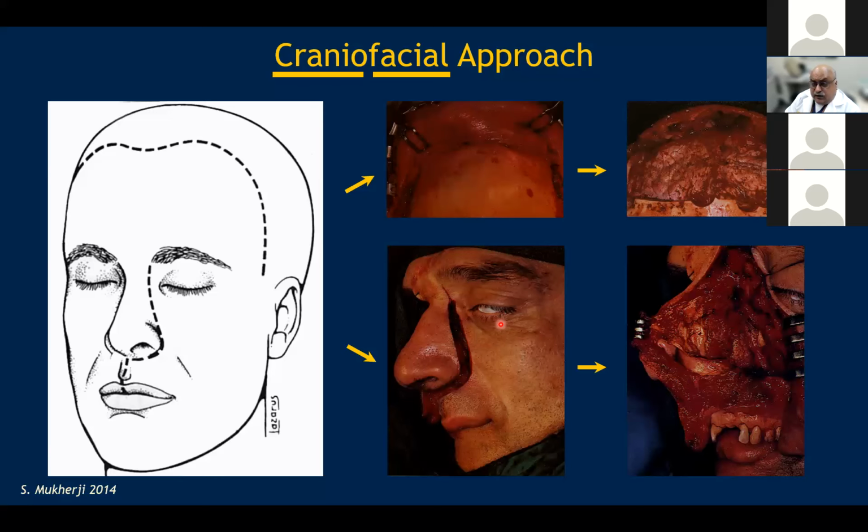So with knowing these approaches, one can also interpret the post-operative imaging of these patients as well, and anticipate the post-operative sequelae as well as complications by knowing the route in which these tumors are approached.